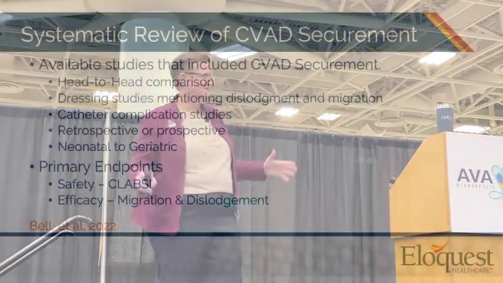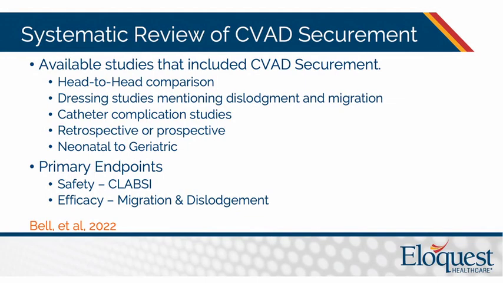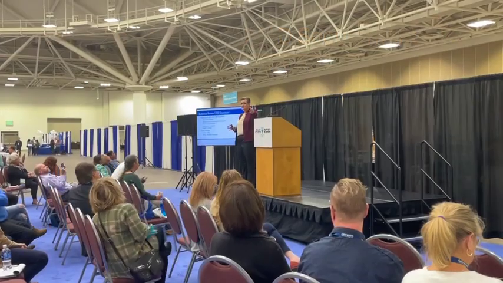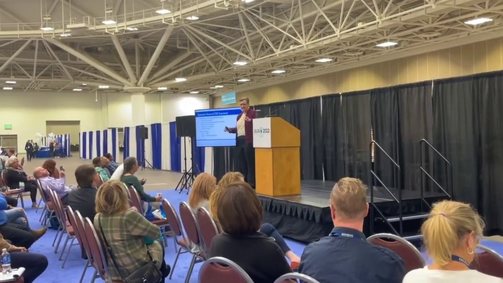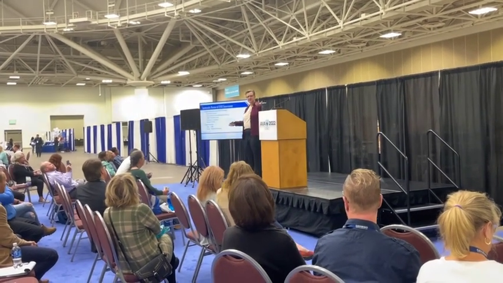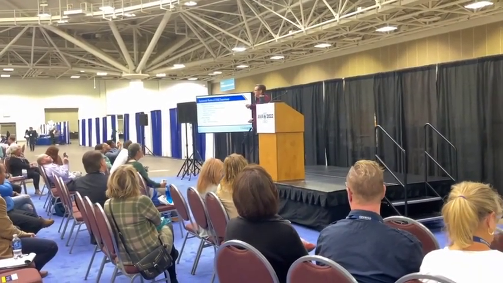All right, so in the systematic review, great fun, we looked at all kinds of studies. We cast the net so wide, I mean, wide. And we were looking for a primary endpoint for safety. We chose CLABSI because, you know, you can't go to this conference without talking about CLABSI like every minute. So we thought that would be something that everybody looked at.